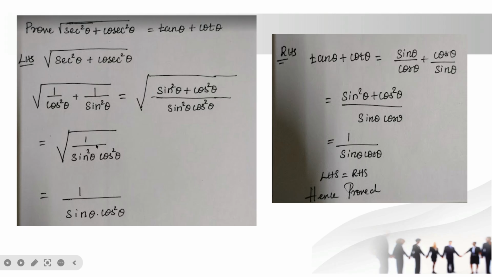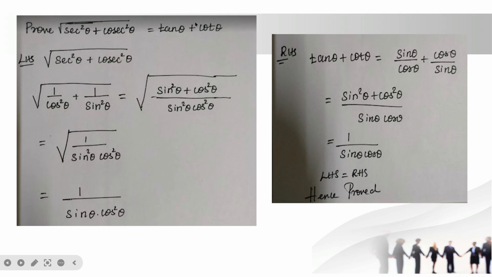This is one identity. See, 1 you can take among sine square theta, cos square theta. You can take 1 out of the root. Root and square will get cancelled. Whenever you are having 1 inside the root, you can take it as it is. Okay. And then we are taking this equation, tan theta plus cot theta.